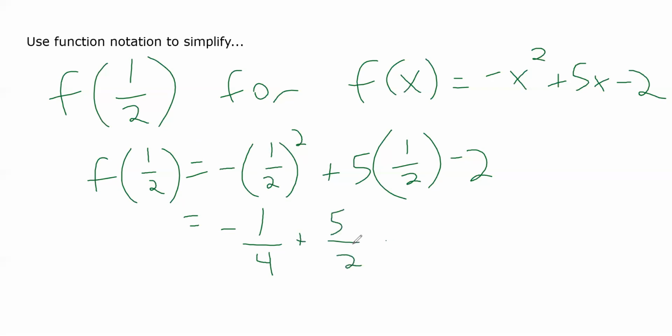Then it's fractions, so you'll need a common denominator. That common denominator is clearly going to be 4. Negative 1/4 plus 10 over 4, so negative 1 plus 10 is 9, but then we subtract 8, so it just comes out to 1/4.